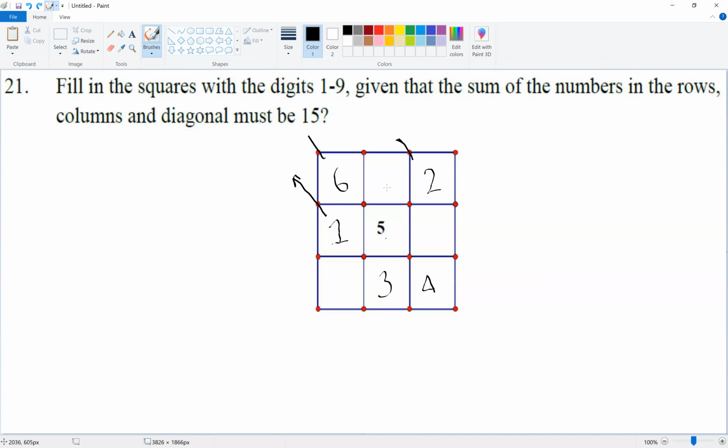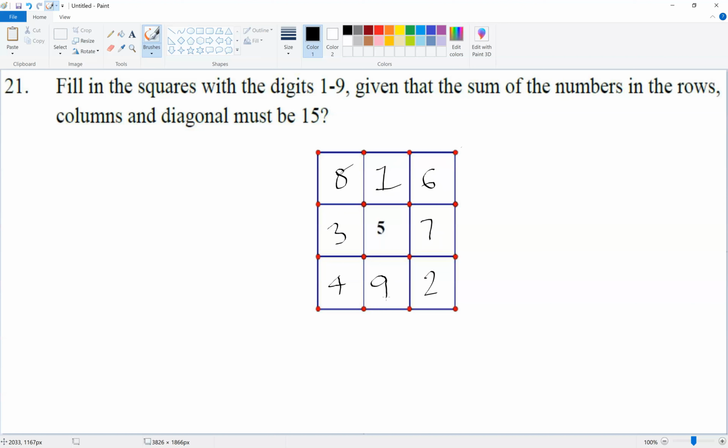But it's easier to start with 1 at the top. So this would be 3, 4, 5, 6, and 7, and this would be 8, and this would be 9.